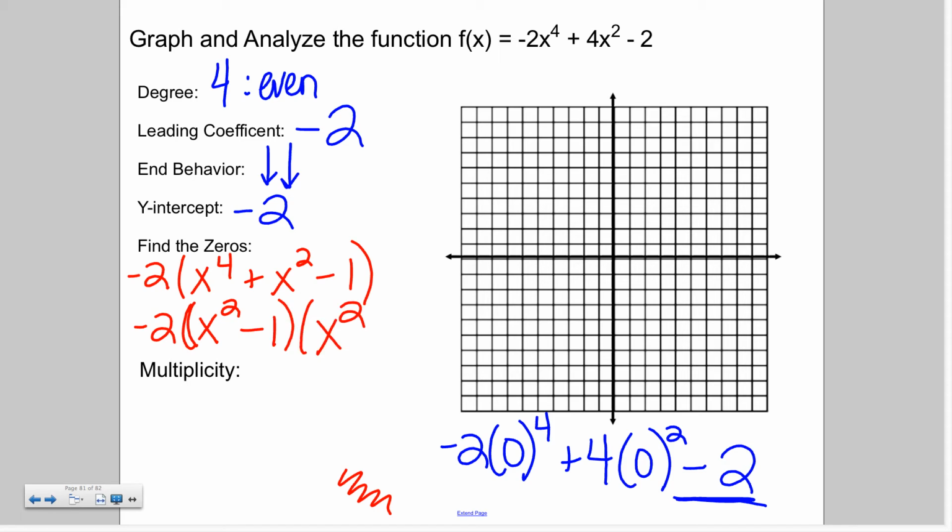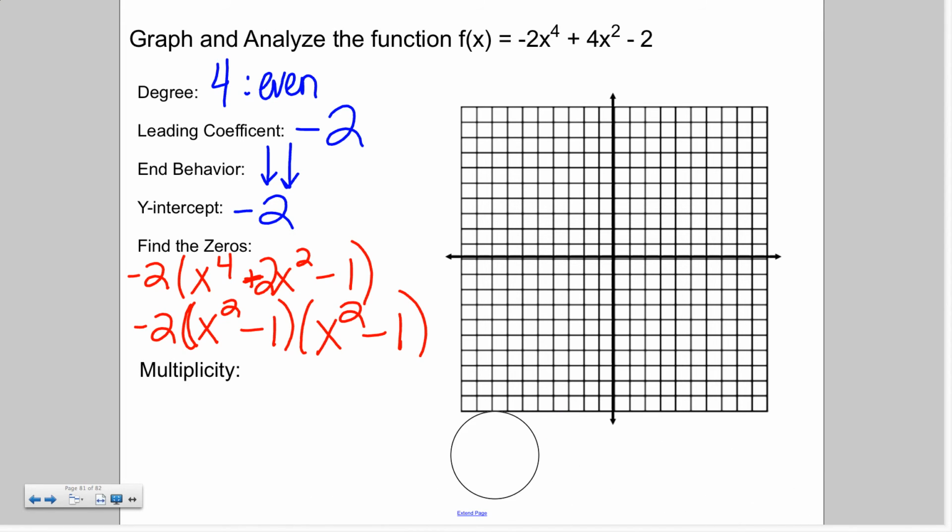Oh, come on. No, I did make a mistake. That should be minus 2x. So I've still got a difference of squares. I'm going to erase this so I can keep going.